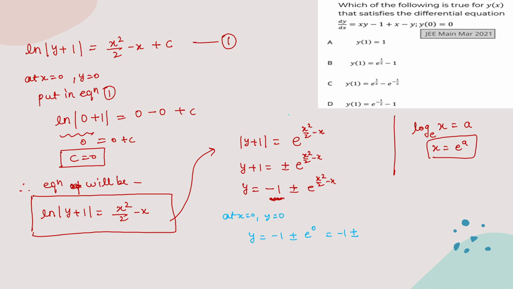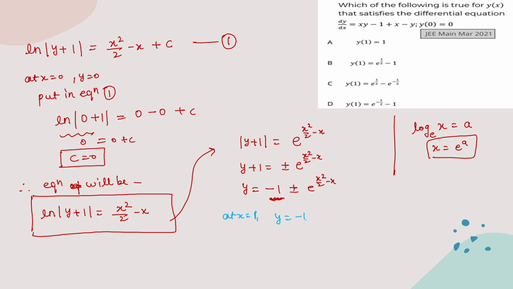Correct. Okay, I made a mistake. They are saying already in the question that x is equal to 1 we have to put, and then we have to find out the y value, correct? So we have done a slight mistake here. So at x is equal to 1 we have to check the y value.